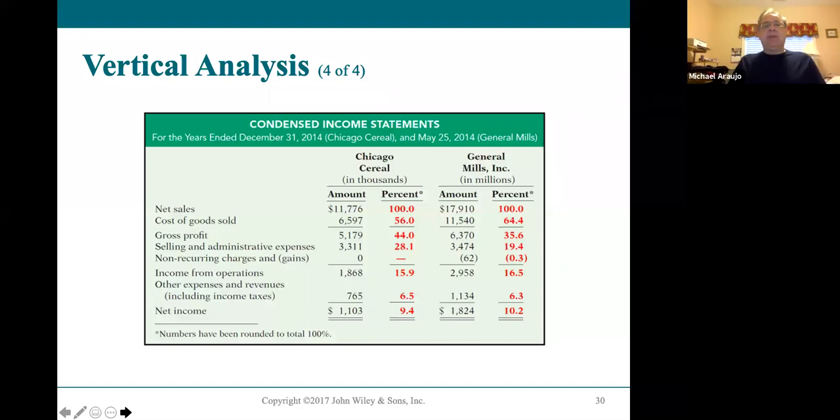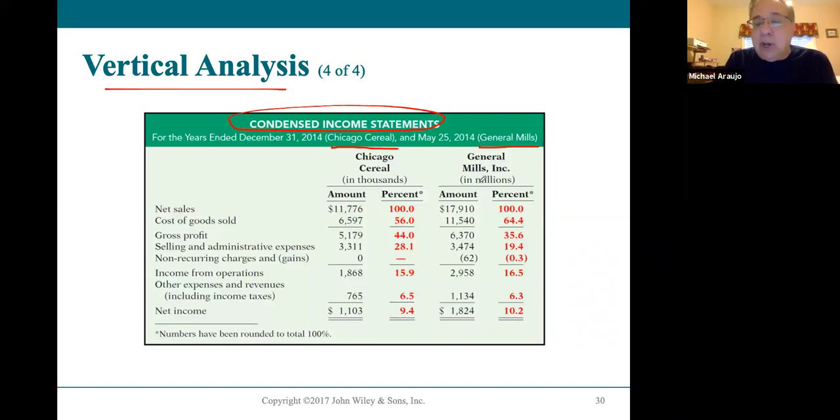All right, so one thing you can actually do when it comes to vertical analysis on income statements, particularly important, is you can actually start comparing companies. Chicago Cereal is a cereal maker, just like General Mills. That's their main business.